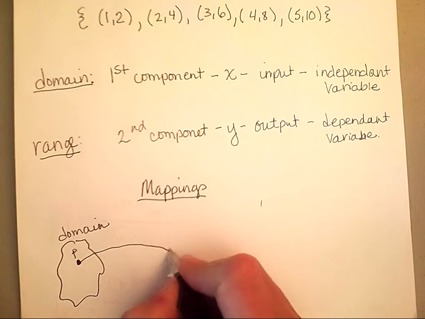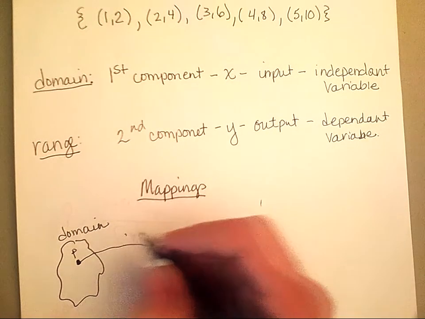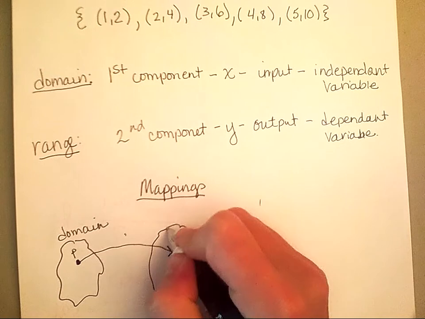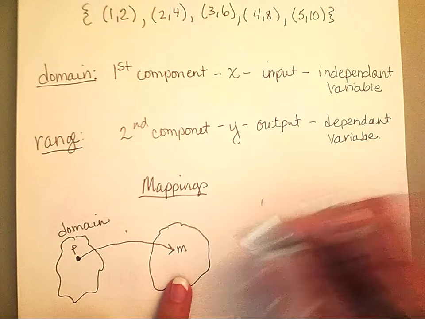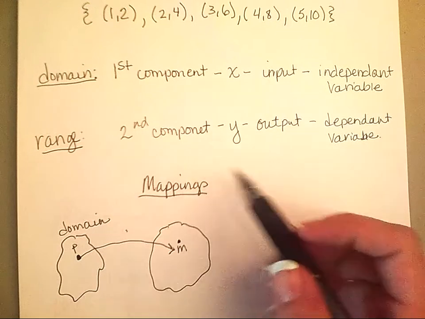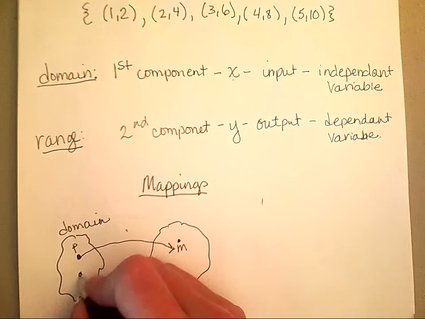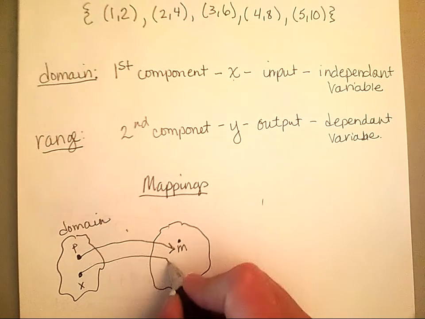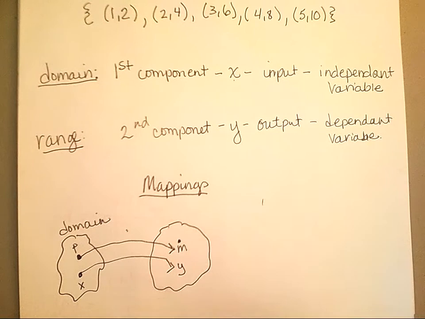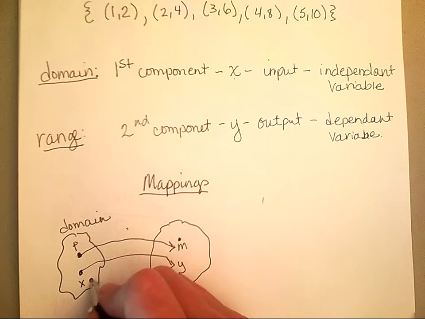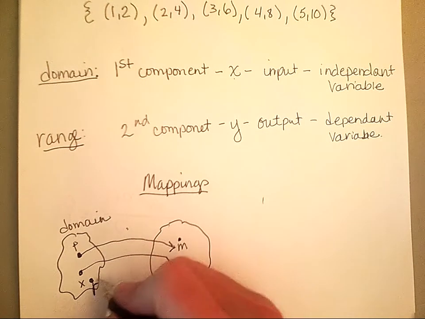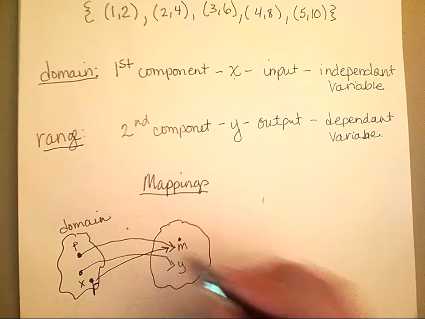Once we put it through a function, it will map to another place m, another component m. If we're using our x and y terms, some x would go to some y. We could also have another element in here, we could call it r. And it's okay, r could go to m.